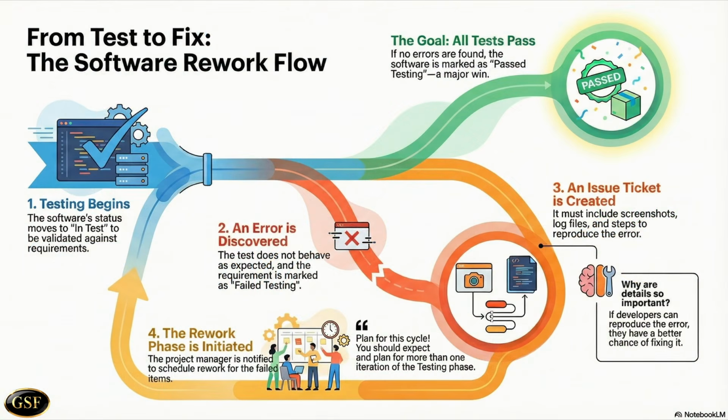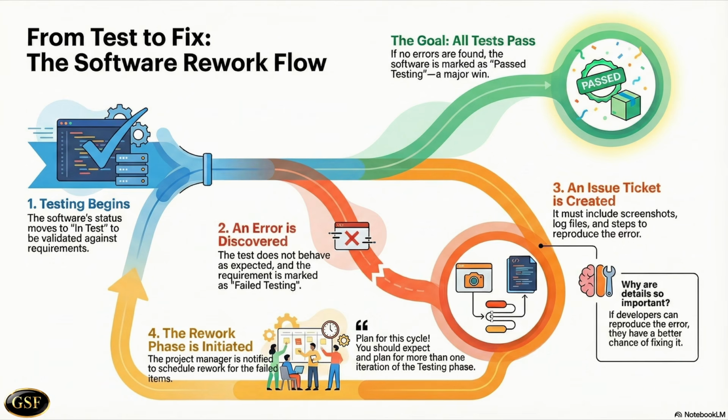For any of the RFC entries that have generated errors or not behaved in a way that matches the requirement, then the entry in the requirement or issue management system will be marked as failed testing. For all other errors, a new entry ticket can be raised.